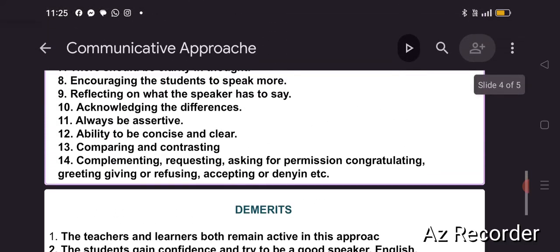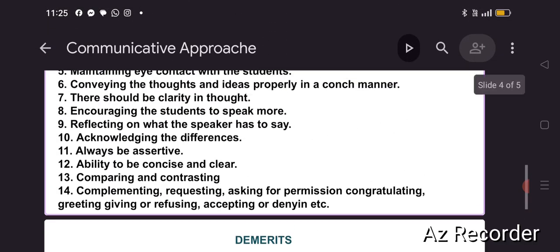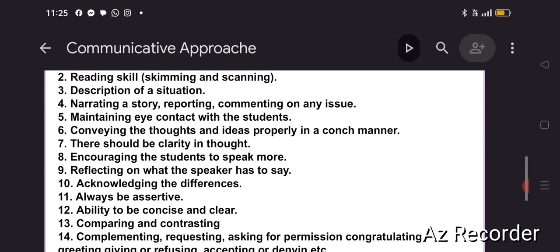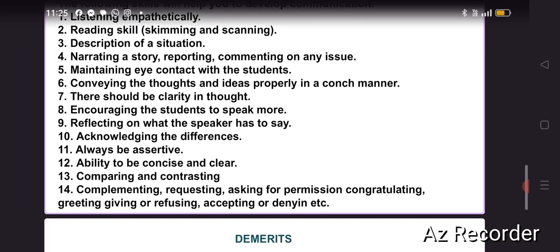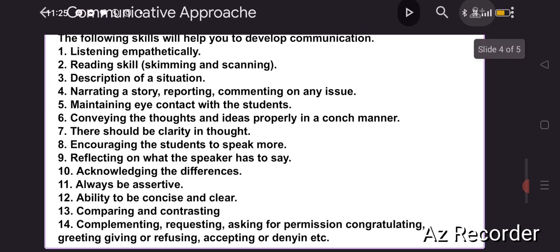Okay, by these different activities or these different skills, we can develop the communication skill of the student. The question will be asked in exam, how you will develop the communication skill in your student. On that time you have to write this.